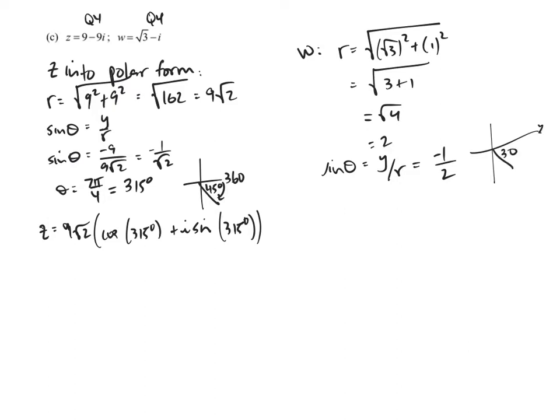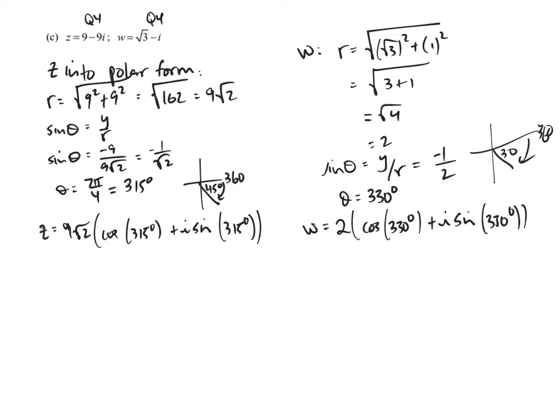So this is going to be 360 subtract 30, and so that's going to give me a theta of 330 degrees. So in polar form, w is going to equal 2 cosine of 330 degrees plus i times the sine of 330 degrees.